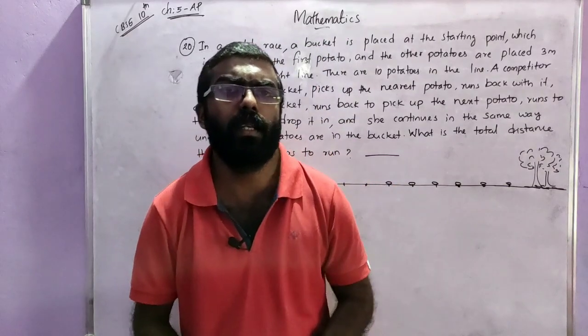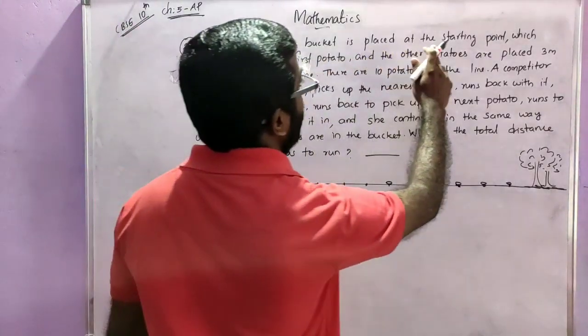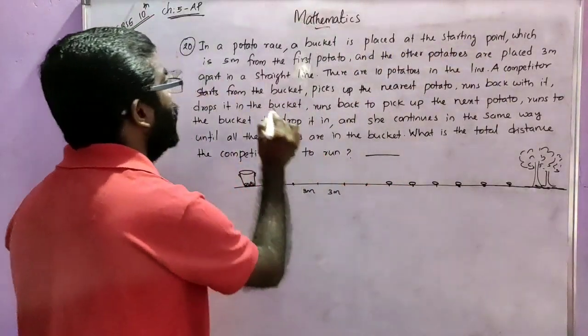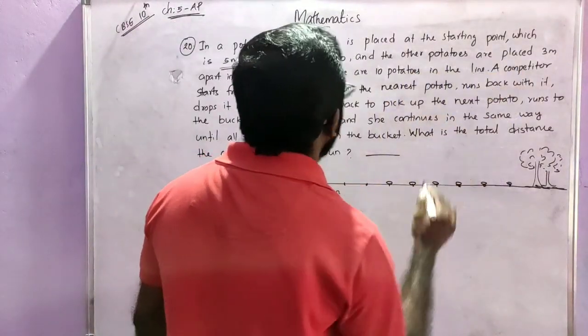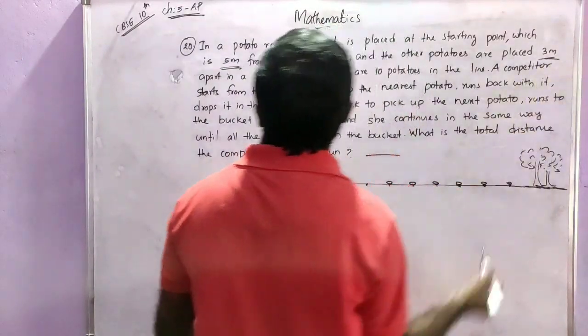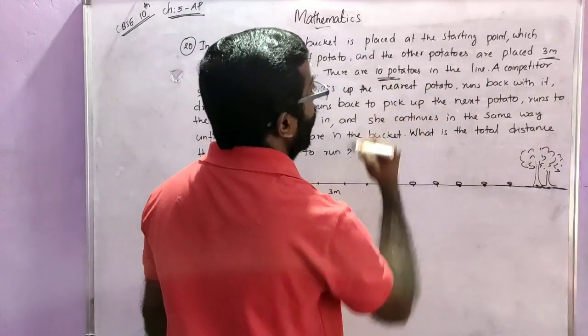Now we move on to the last question in this exercise. In a potato race, a bucket is placed at the starting point, which is 5 meters from the first potato, and the other potatoes are placed 3 meters apart in a straight line. There are 10 potatoes in the line.